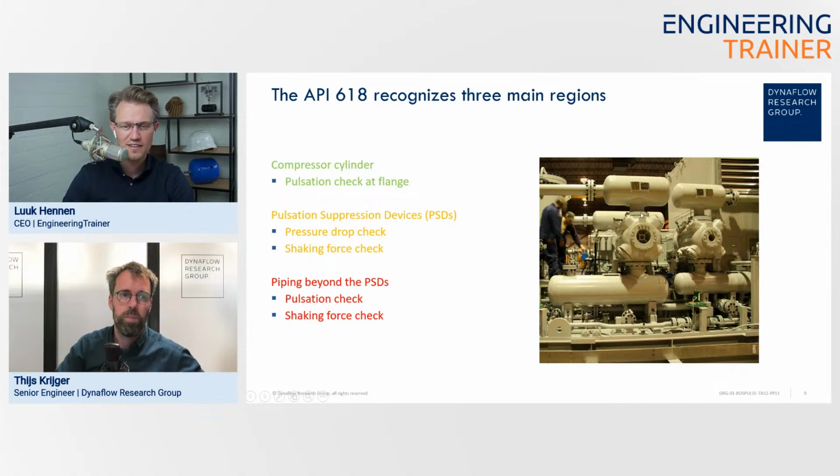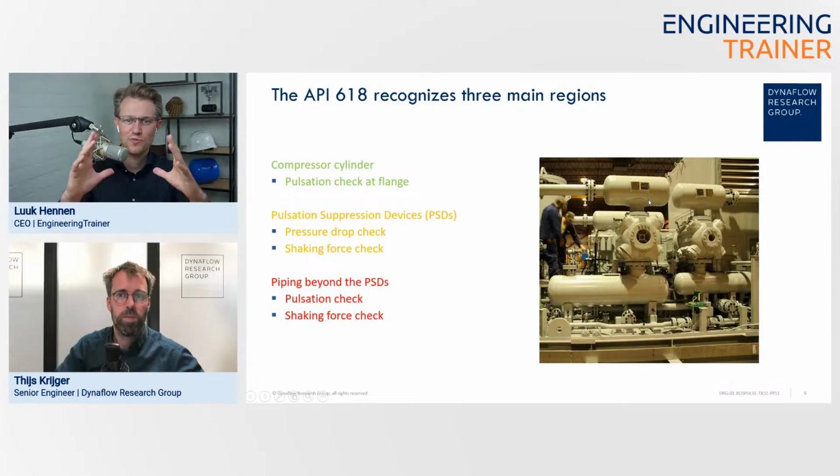And that one is mainly to ensure that your valves and the internals operate within acceptable limits. All right. Then there's for the pulsation suppression devices, so the PSDs, which are these bottles. Those dampeners, yeah. So there's a shaking force check to ensure that you don't shake your pulsation dampener and cause fatigue damage within the pulsation dampener.